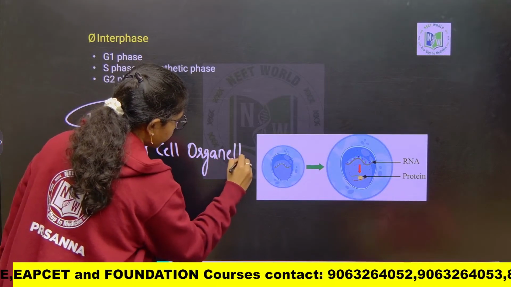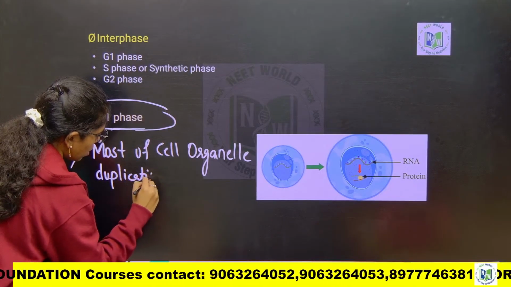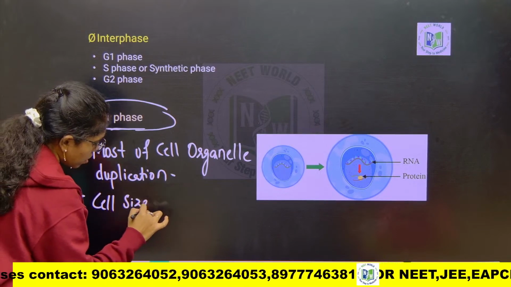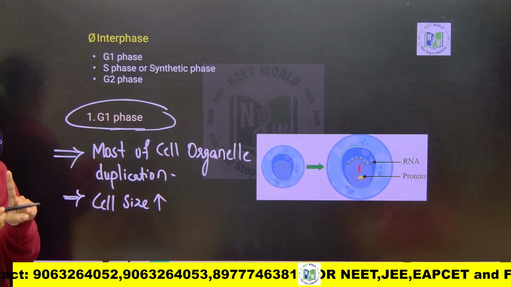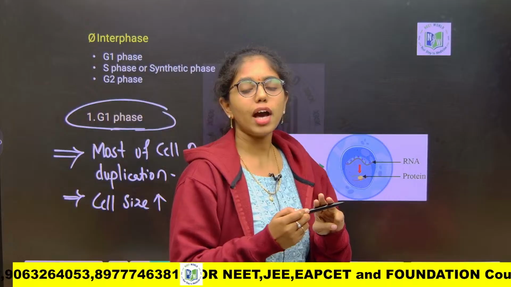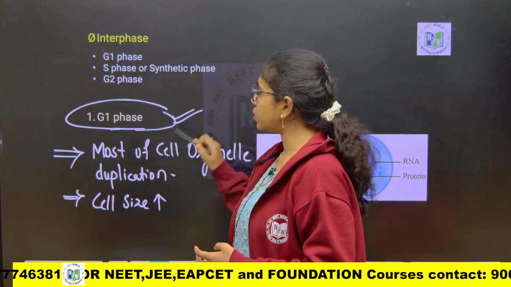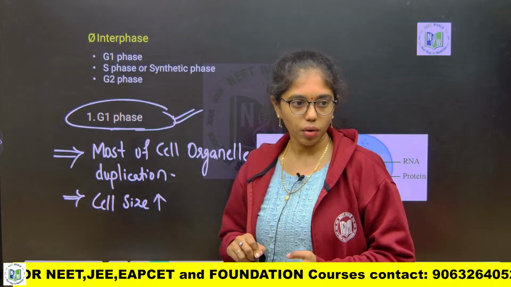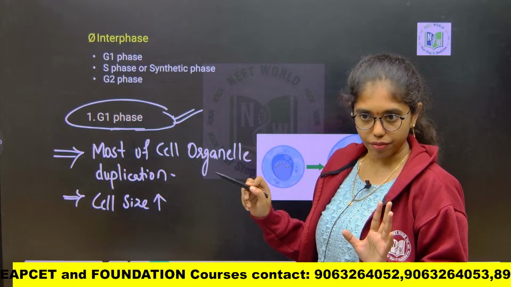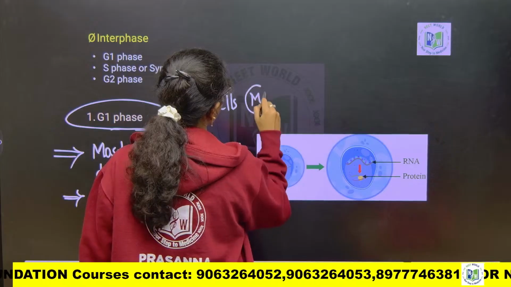Cell size increases, most of the cell organelle duplication happens, and all the cellular constituents which are required for the S phase are being synthesized in G1 phase itself. Okay? In G1 phase cells are metabolically active.